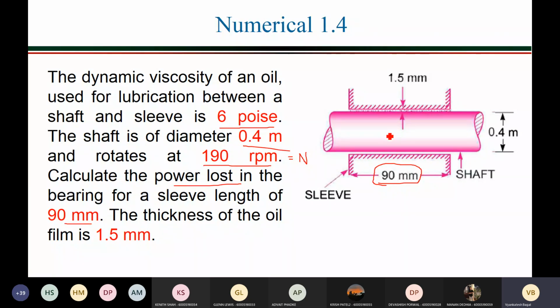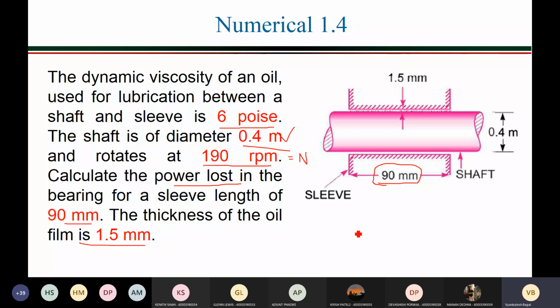That is what they have asked. And the thickness of the oil film, which is there in this gap between shaft and sleeve, is given as 1.5. Right. Diameter of the shaft is given here. We have already noted down here 0.4 meter. Then find out simply the power lost in the bearing.